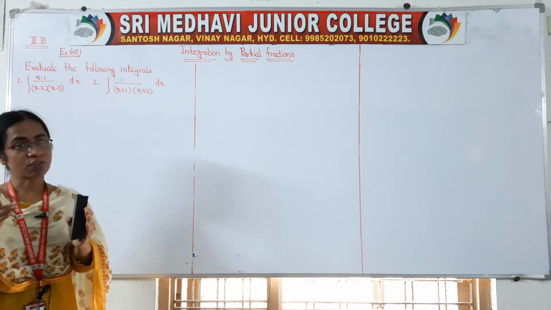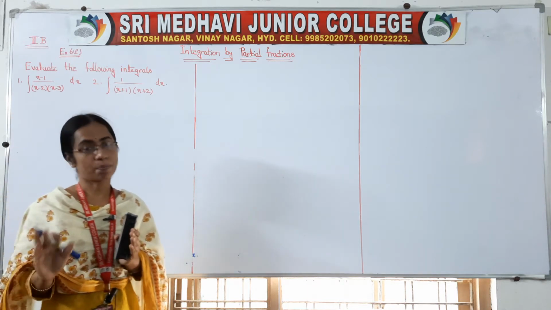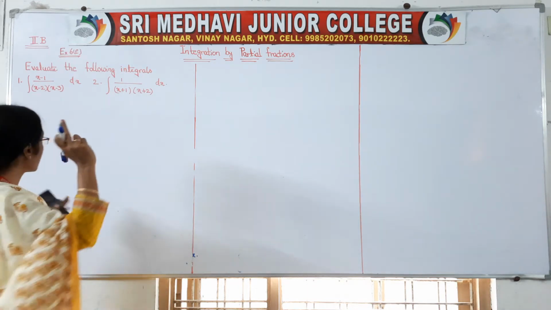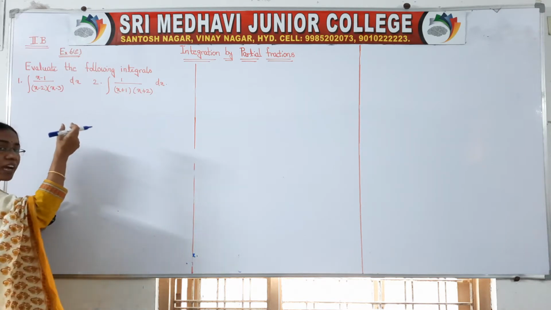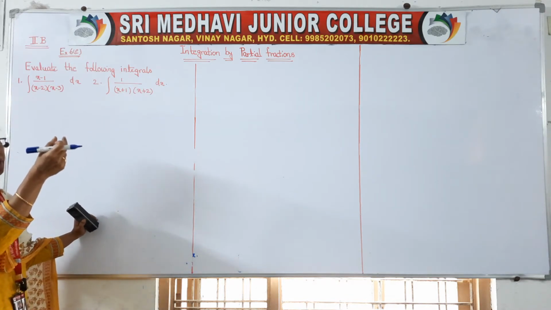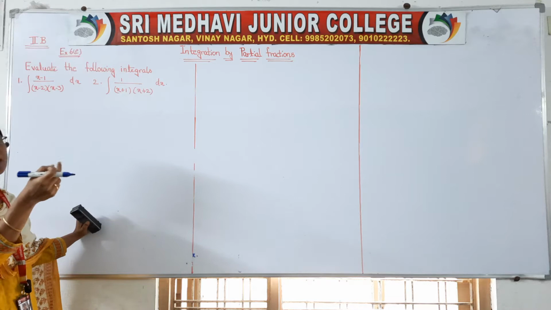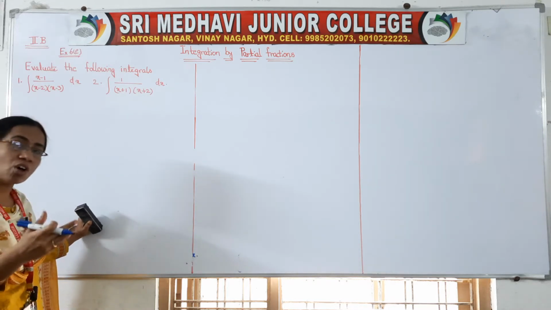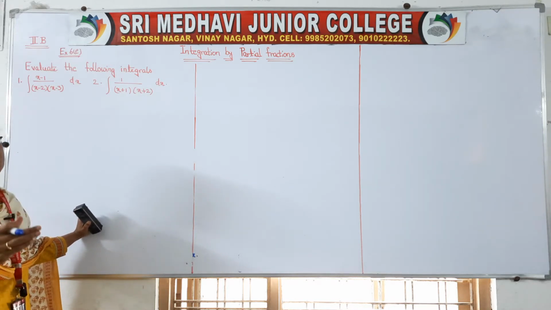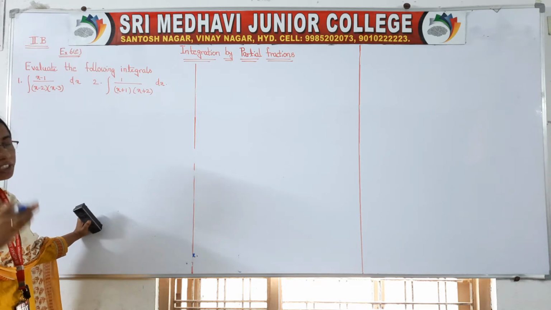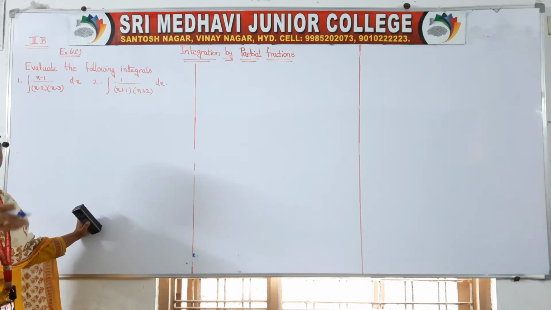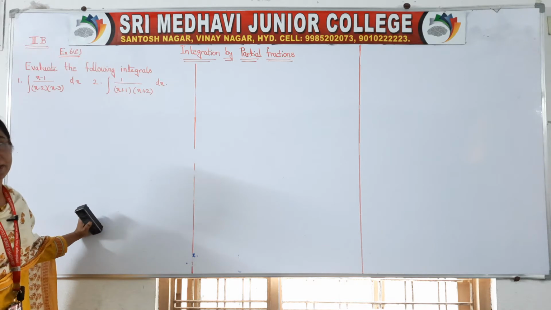When product form is there, integration by parts. When fractions are there like this, with linear factors downwards in any question, we can resolve that value into some partial fractions. First resolve them into partial fractions, then you apply your integration.